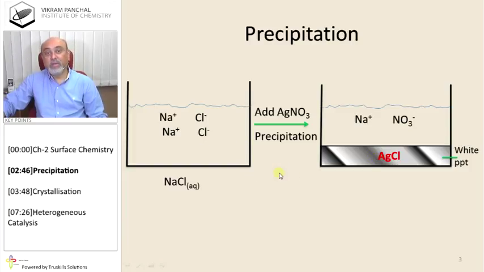On addition of AgNO3 to aqueous sodium chloride, you get white precipitate of AgCl which settles down. The reason for precipitation is that IP of AgCl must be greater than Ksp of AgCl. AgCl is a sparingly soluble salt, and therefore when IP is greater than Ksp, the salt will precipitate, and this is a surface phenomenon.